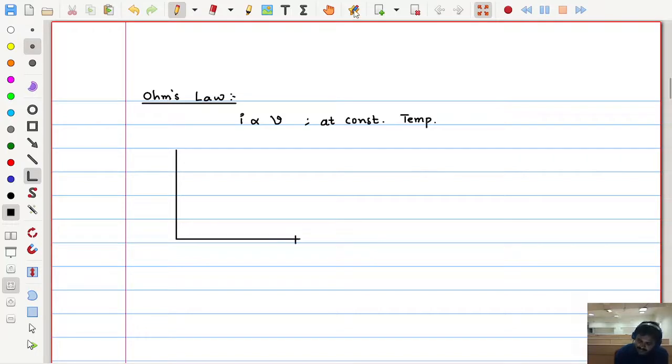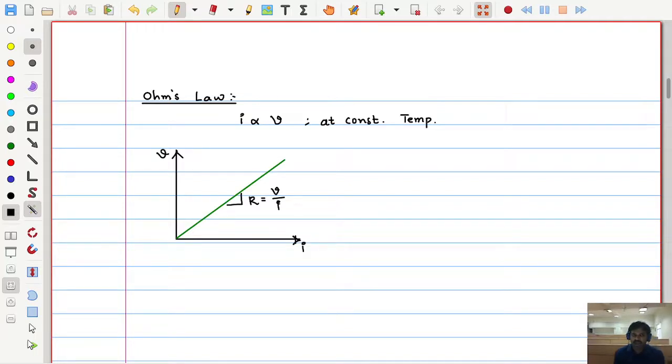If this is the current axis and this is the voltage axis, and these are the characteristics that obey Ohm's law, the characteristics look like a straight line, where the slope will be the y-axis parameter V divided by the x-axis parameter, which is equal to the resistance.